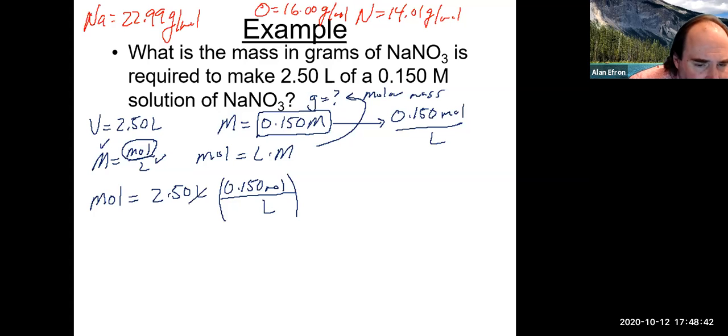Here the liters will cancel. If we multiply 2.5 times 0.15, that gets us something like 0.375 moles of sodium nitrate. Any questions up to that point?